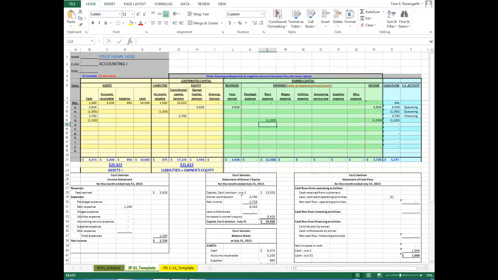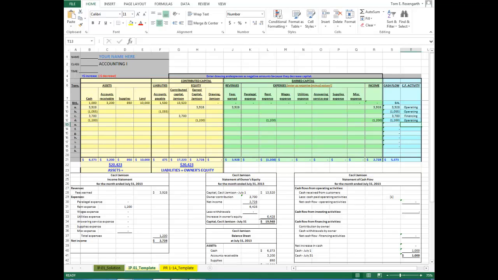So the expense account reduces net income, and because net income shows the change in earned capital, we will also enter a negative $1,200 under the earned capital category. Cash was paid, and we will show this as an operating cash flow because payment of rent is a normal business activity.